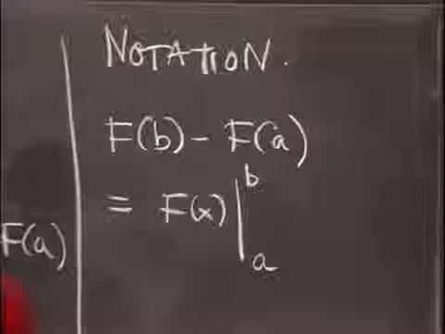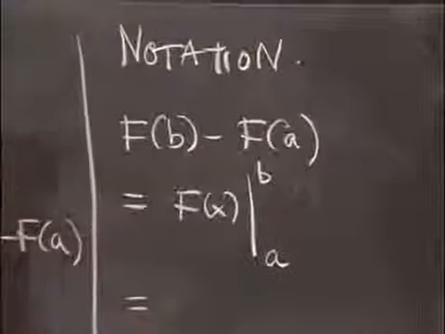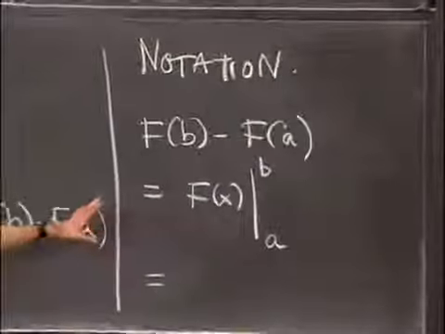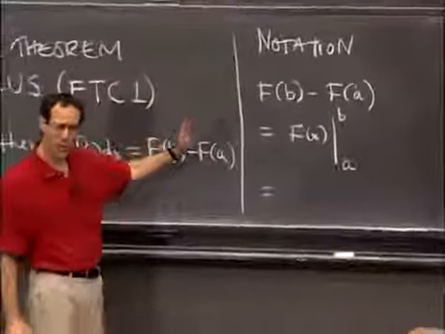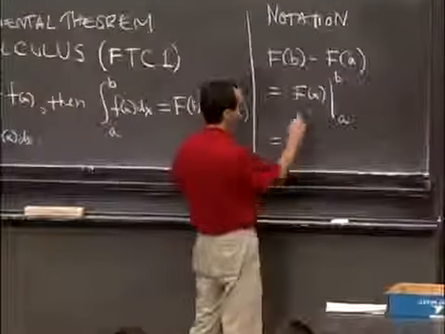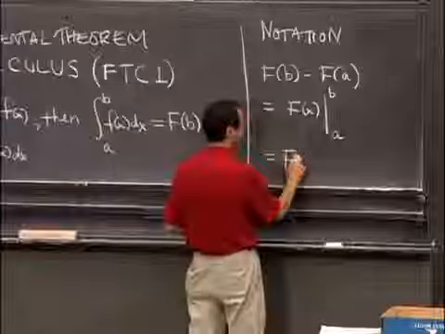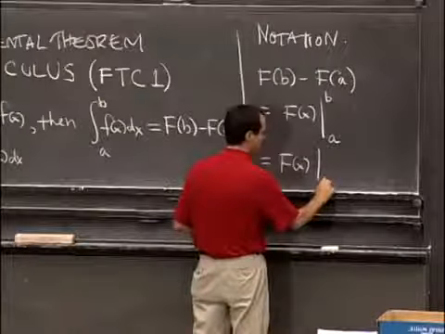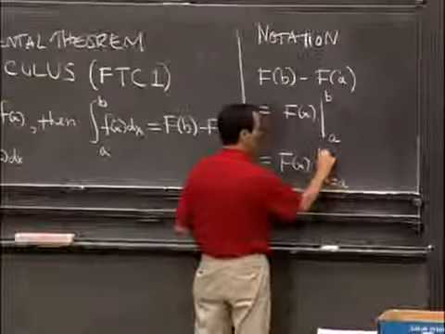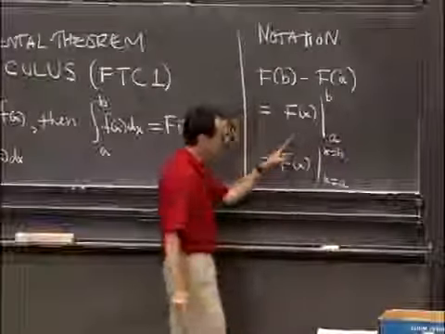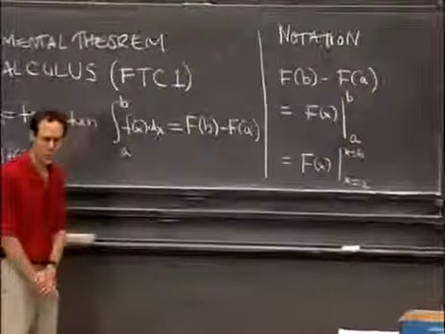And you can also, for emphasis, and this sometimes turns out to be important when there's more than one variable floating around in the problem, specify that the variable is x. So this is the same thing as x equals a and x equals b. It indicates where you want to plug in.